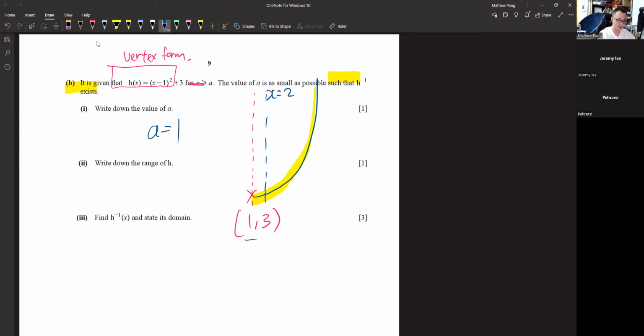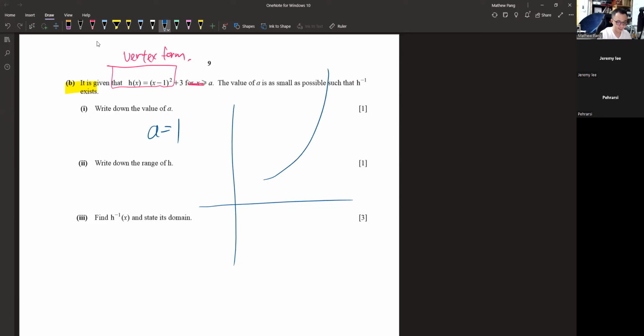Then for any quadratic graph, the range is something like this, isn't it? The range goes from here all the way to infinity. The minimum just now is (1, 3), so we focus on the y value.